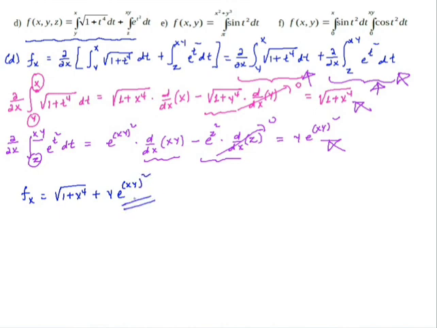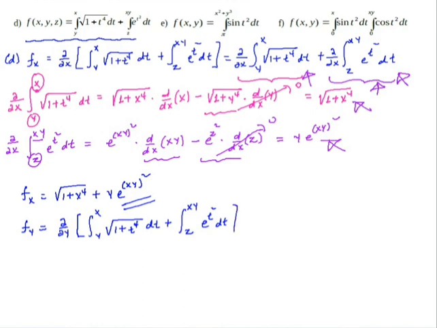Okay, now we come to fy. fy means the partial derivative of the function with respect to y. Okay, with respect to y we work on the integral from y to x radical 1 plus t to the power of 4 dt plus the integral from z to xy e to the power of t square dt.